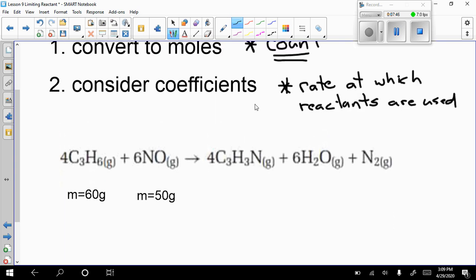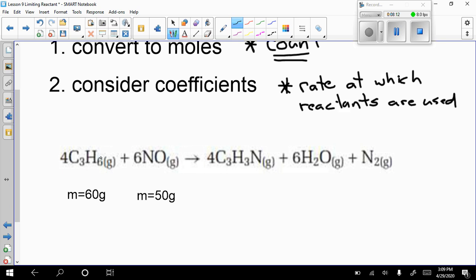So here it is. We've got a chemical reaction where we've got this carbon compound here and this nitrogen oxide. This carbon compound looks like it's probably propene. And again, you wouldn't have to know the name of it, but anyway, C3H6.